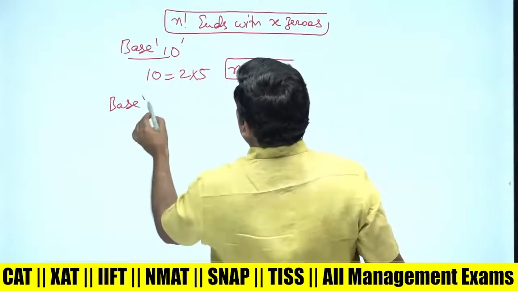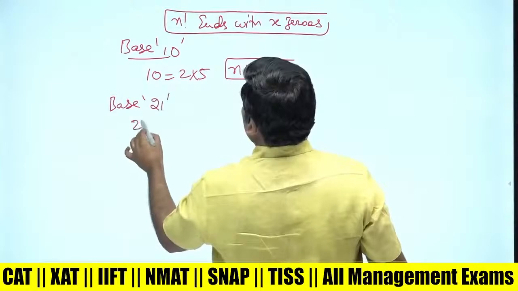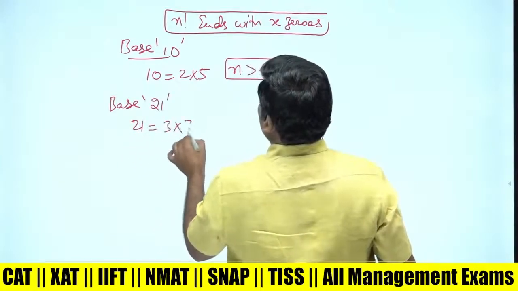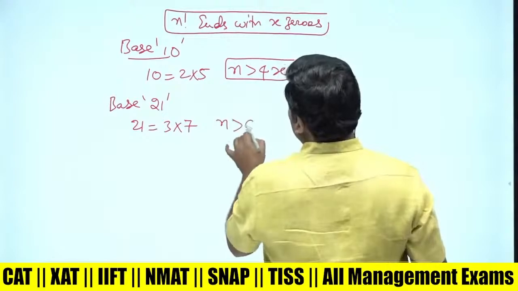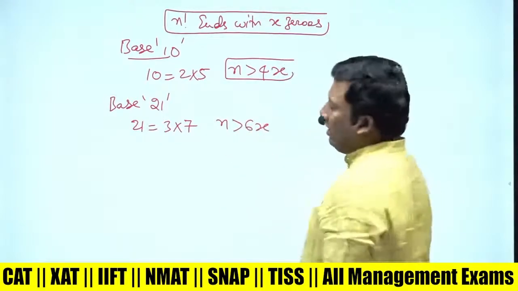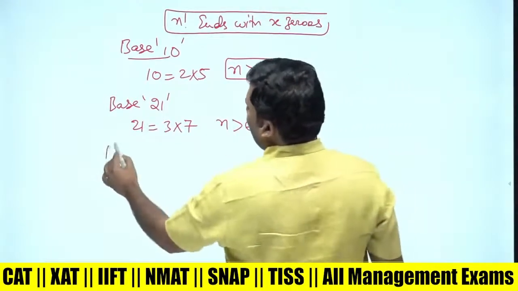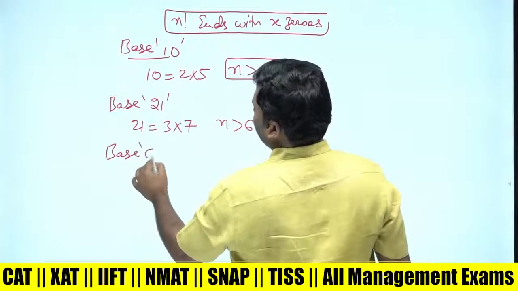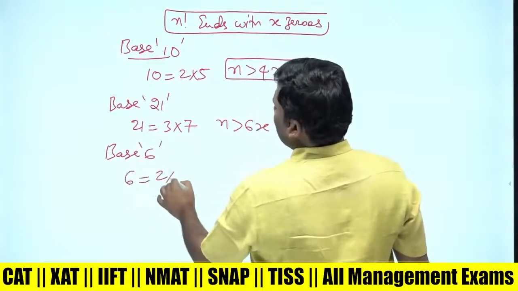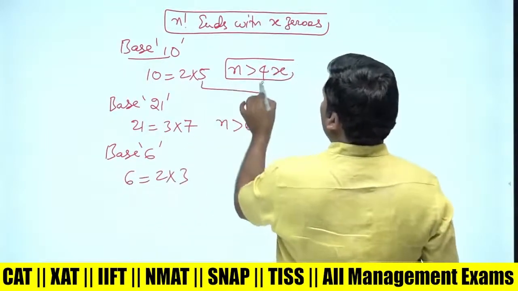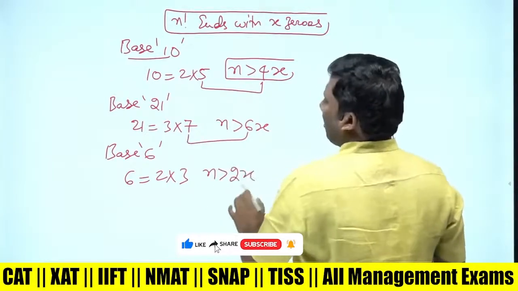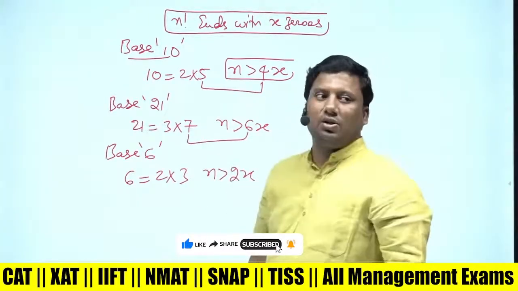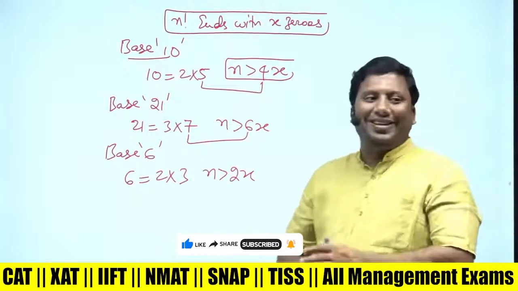For example, 21 is 3 into 7, so n is greater than 6x. In base system 6, which is 2 into 3, 5 became 4 and 7 became 6, so n is greater than 2x. I hope the idea is clear.